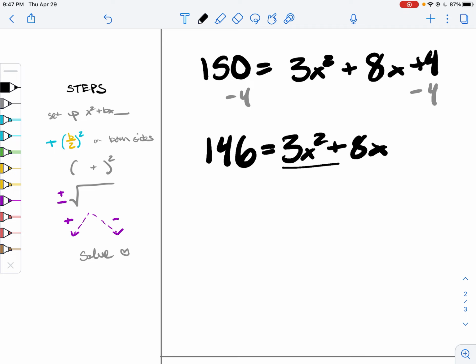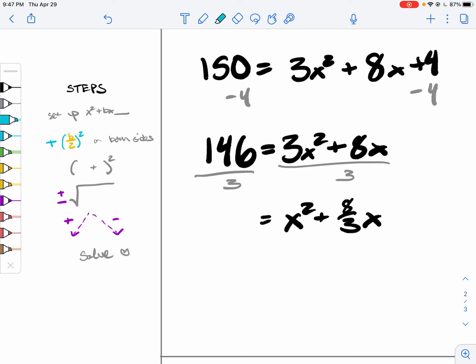So we're going to divide both sides by 3. Once we do that, those will cancel out, and we're left with 8/3 x. We got x squared plus 8/3 x. Then we're going to figure out what needs to go here before we do 146 divided by 3.